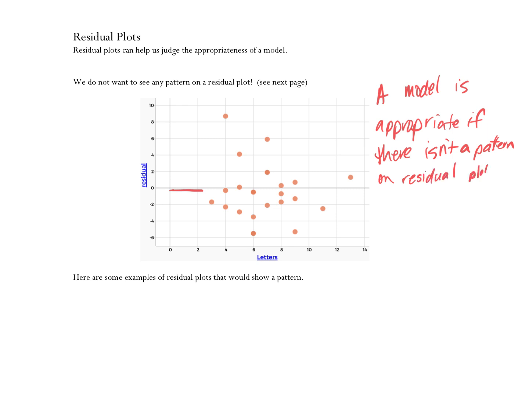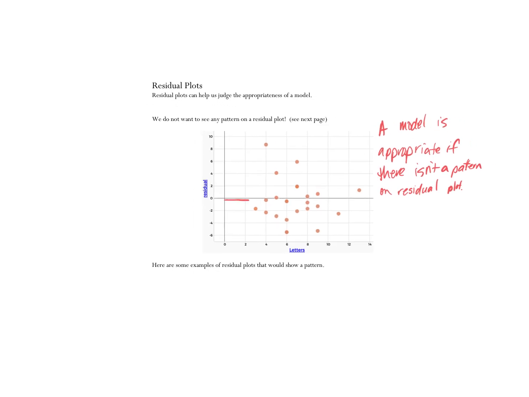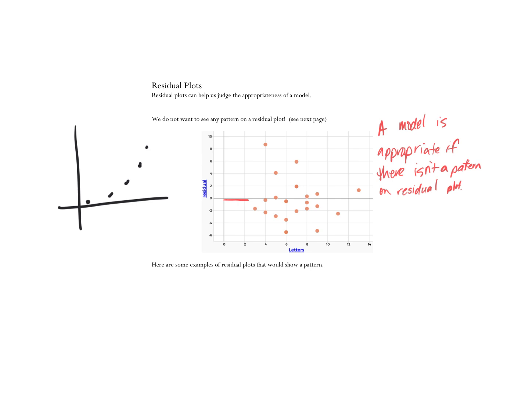Now, I'm going to draw that same scatter plot we just said was curved. If I had to sketch a line of fit, it would be roughly here, yes? Give or take. Let's sketch that residual plot. What can we say about the residual of this point?